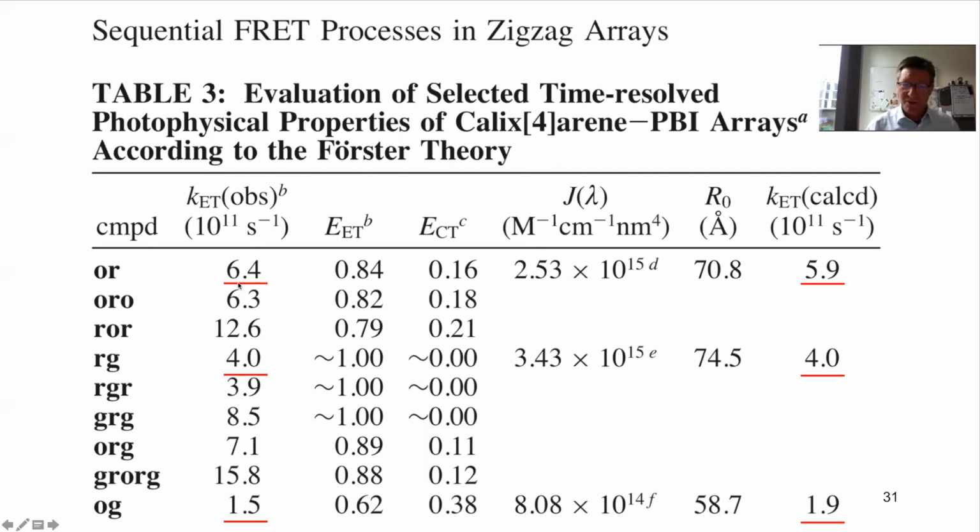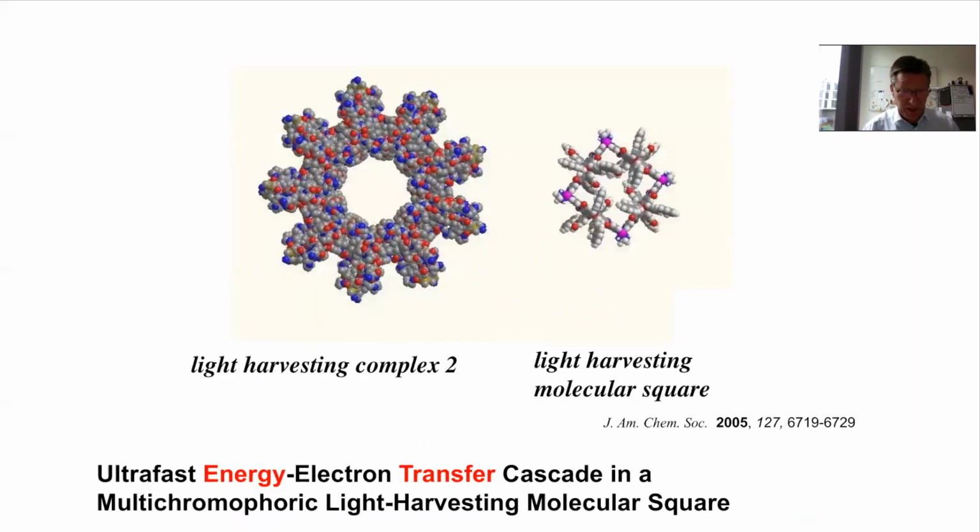You see that the correlation between the experimentally observed time and the calculated time using the Förster model is very, very good. It's excellent. This Förster model is very old, from the 50s, but it is really an excellent model. You can really explain your results with it very accurately. I think the guy deserves a Nobel Prize, but well, I think he doesn't live anymore.